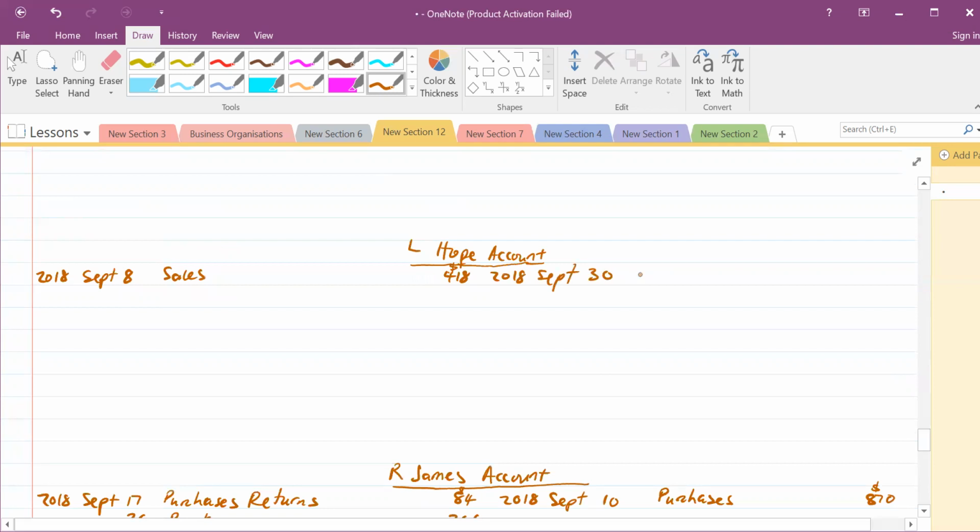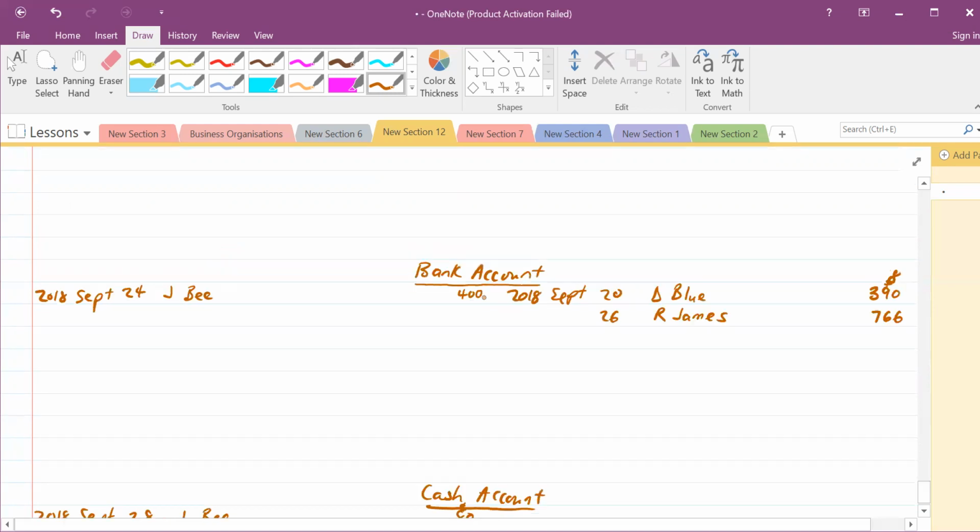They paid us using a check processed to the bank. So the narration is bank, how much? 418. Right. We go to the bank account if it was required to be prepared, and then we debit because we're receiving 418. Right. And this is L. Hope, and it's on the 30th. Right.